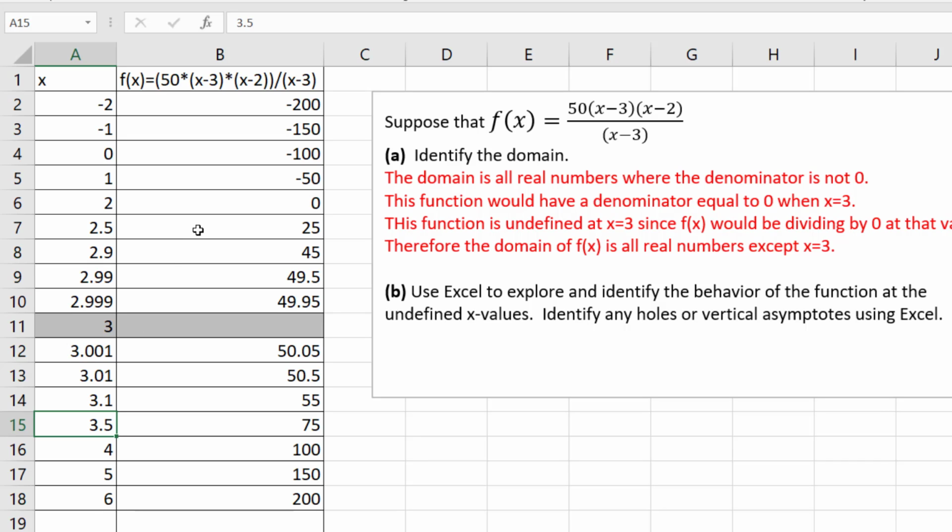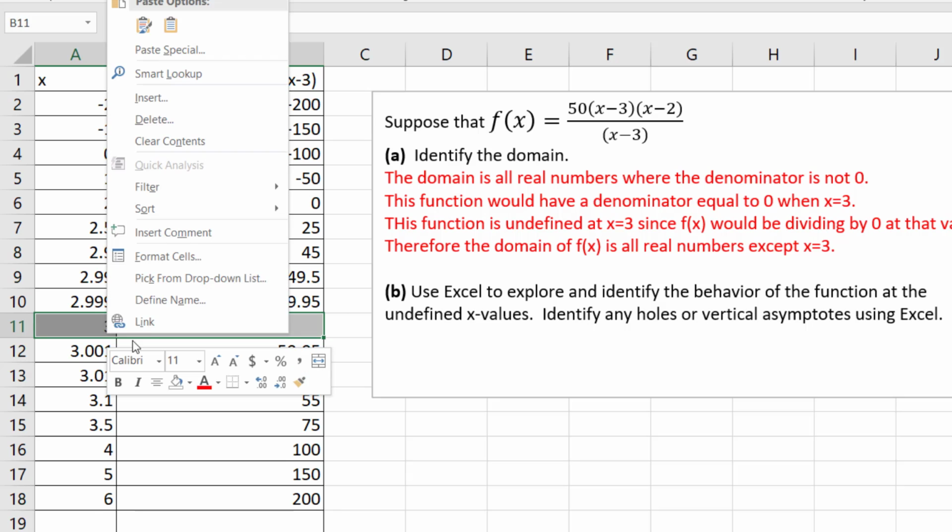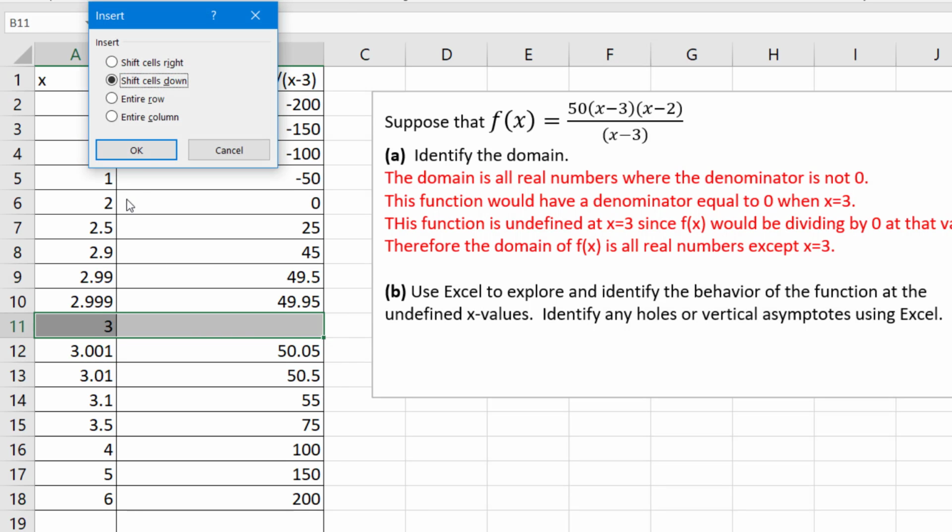Let's take a look at what happens with the y values. As we approach x equals 3 from the left, you'll notice we have a y value equal to 45, and 49.5, and 49.95. What value does it seem like those are approaching? If you're not sure, you can always insert another row in your table that gets even closer.